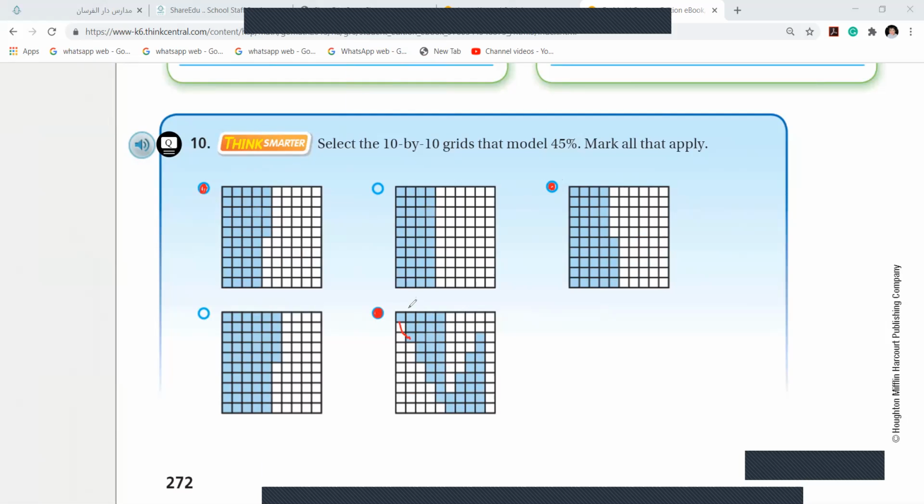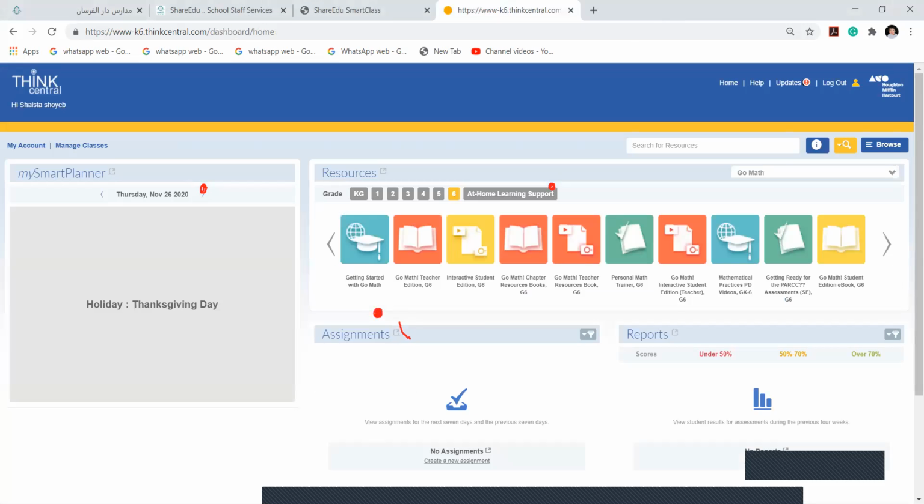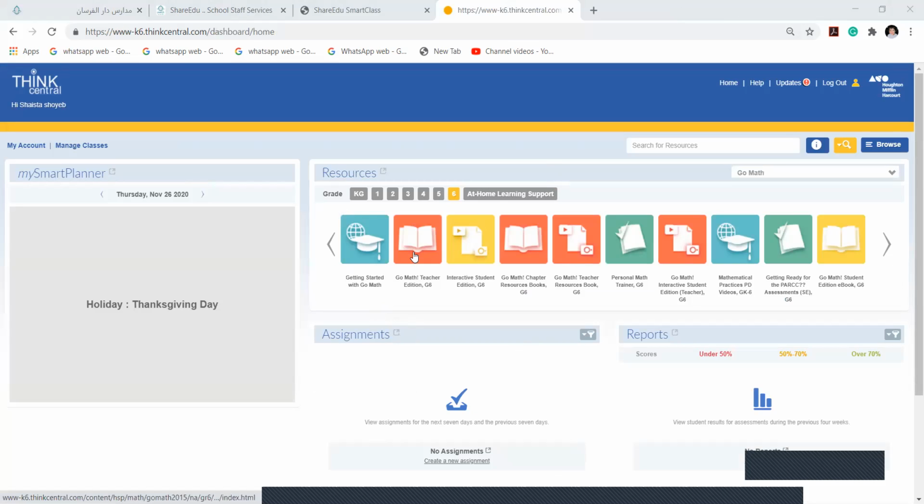Done. That's it. I think I can start with the next lesson also if I like. We have finished the lesson. Let me check what lesson we have next.